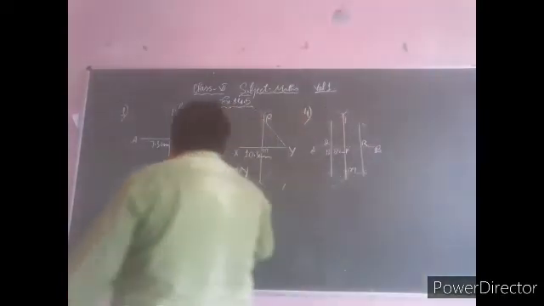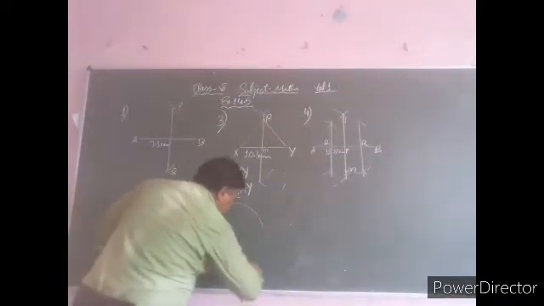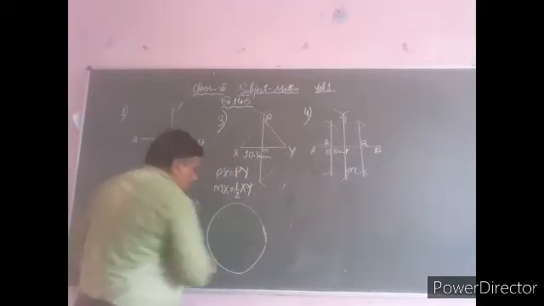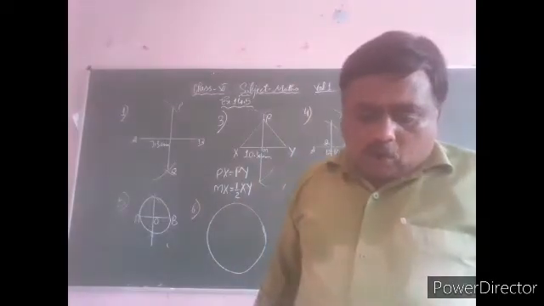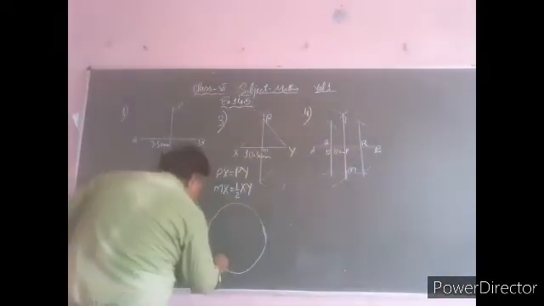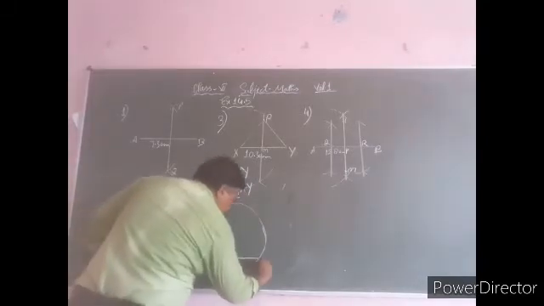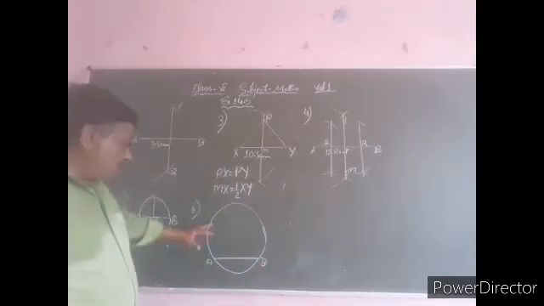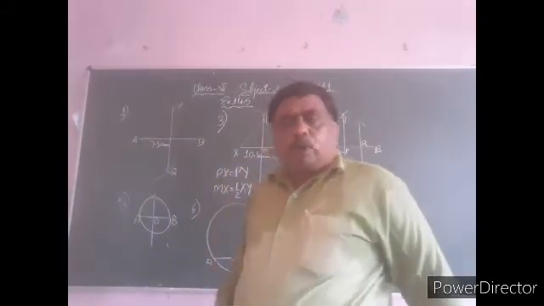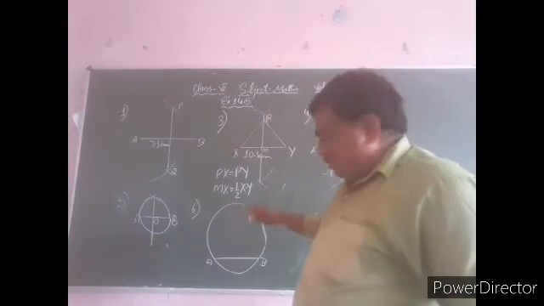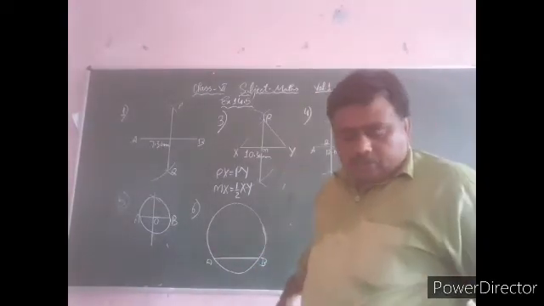Draw any chord AB. Step number 1. A circle of radius 3.4 centimeters is drawn. Step number 2. A chord AB is drawn.